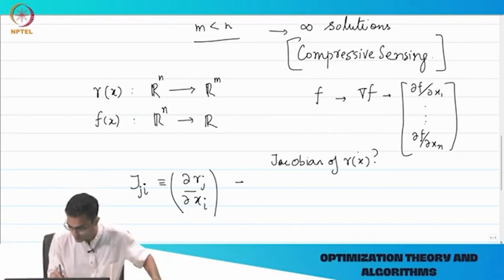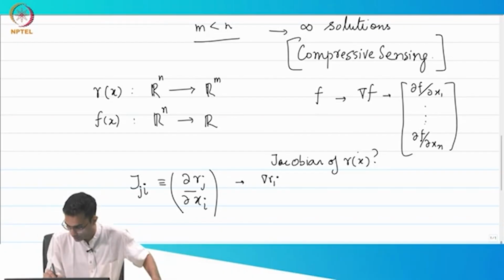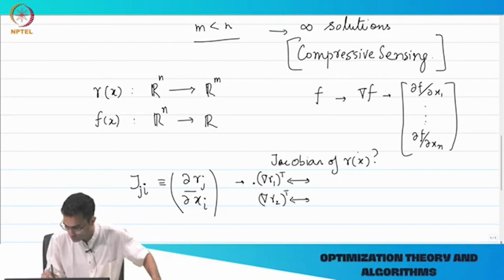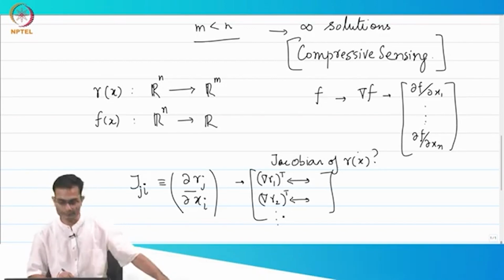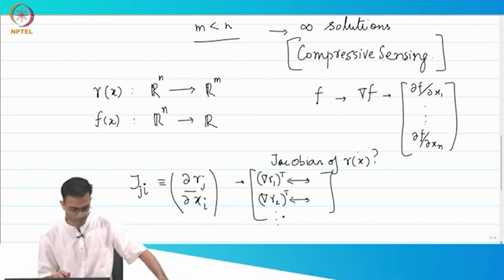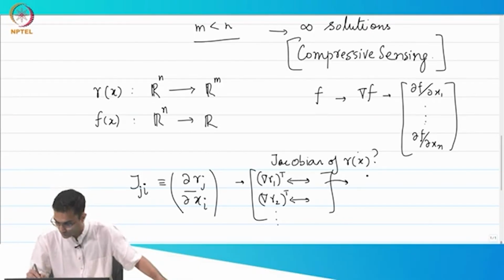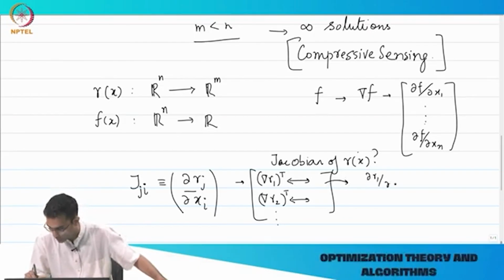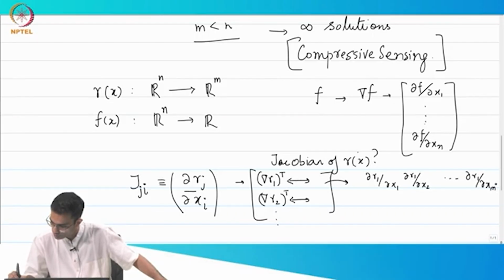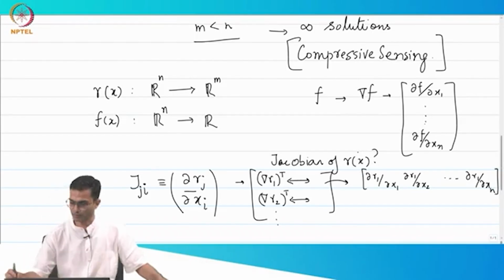So if you visualize it, it's grad of r1 transpose going like this, grad of r2 transpose going like this. That is how my matrix looks. And if you wanted it more explicit, ∂r1/∂x1, ∂r1/∂x2, and so on. That's how it looks.